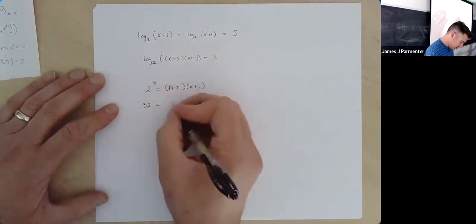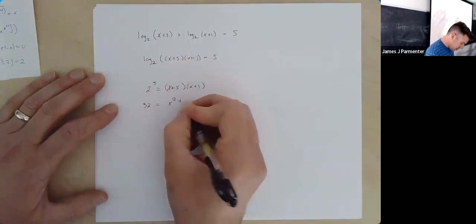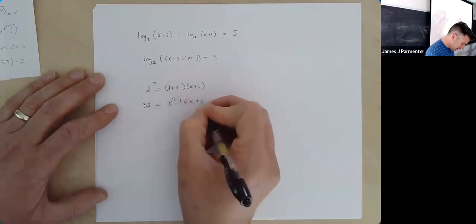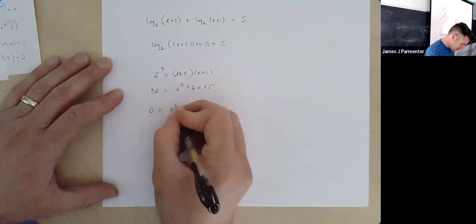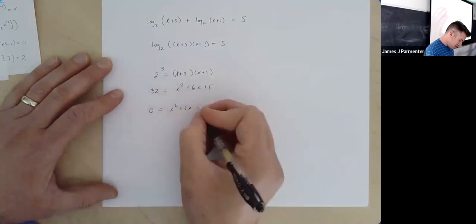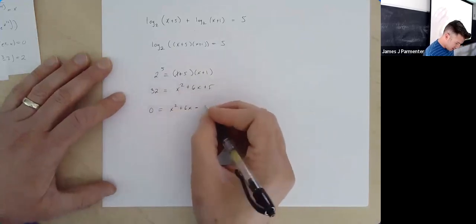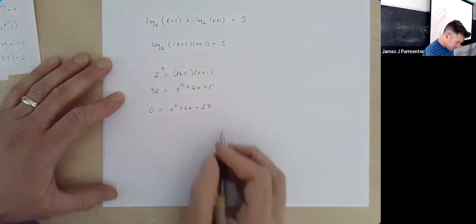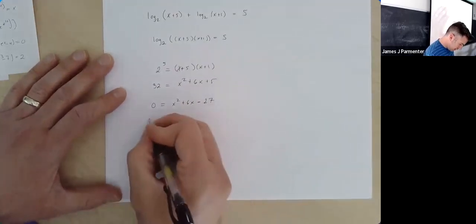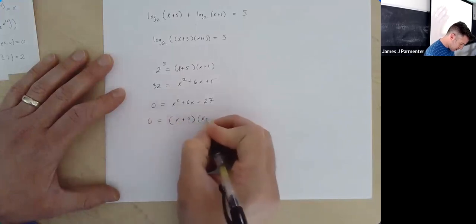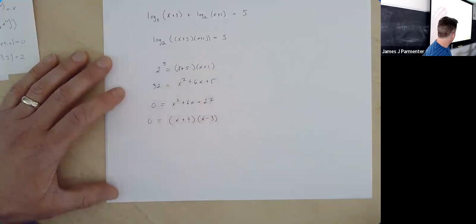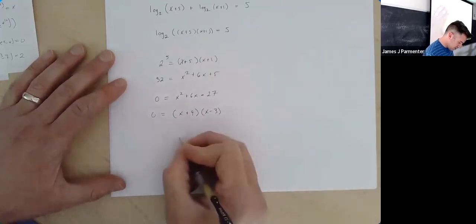And x plus 5 times x plus 1 multiplies out as x squared plus 6x plus 5. Subtract 32. 5 minus 32 is negative 27. This does factor. This factors as x plus 9 times x minus 3. So what are my possible solutions?